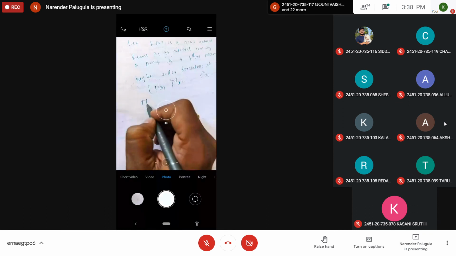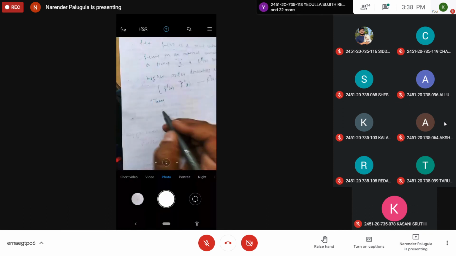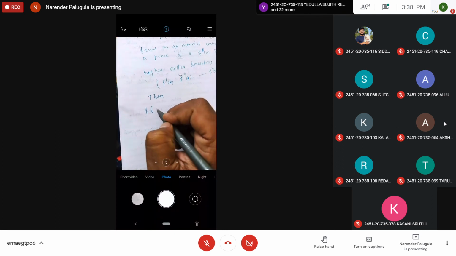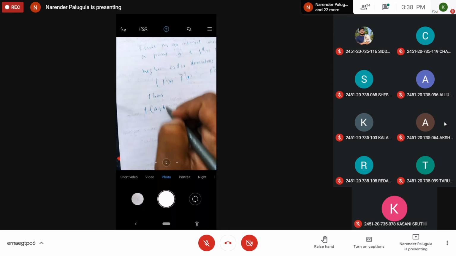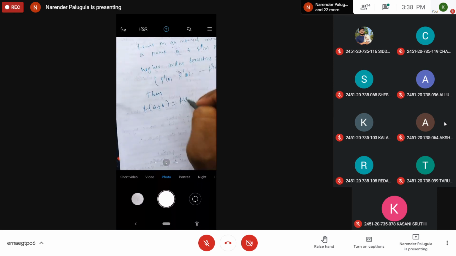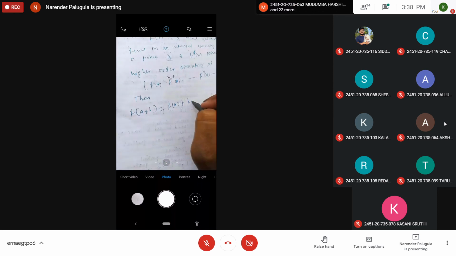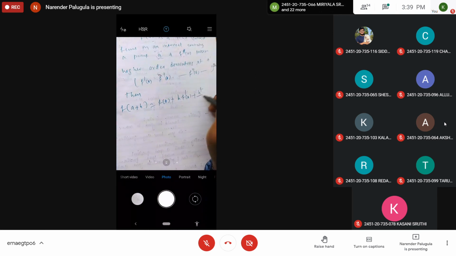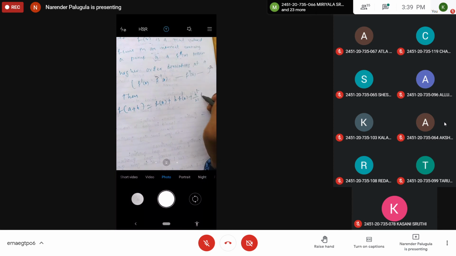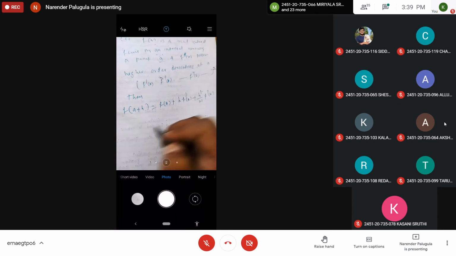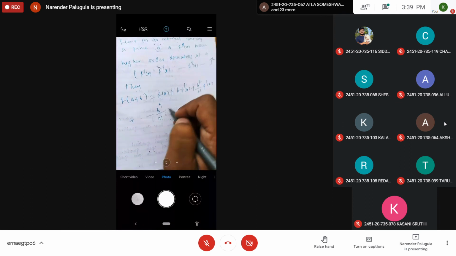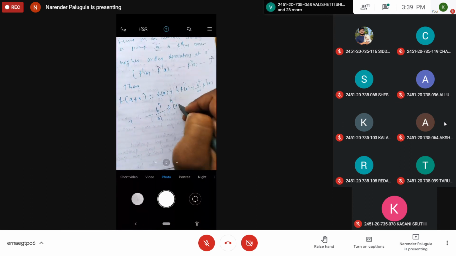Then we can write f of A plus h is equal to f of A plus h into f dash A plus h square by 2 factorial f double dash A, and so on. The nth term will be h to the power n by n factorial times the nth derivative of f at A.